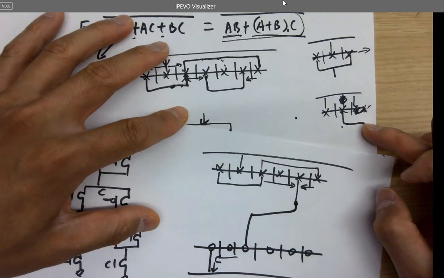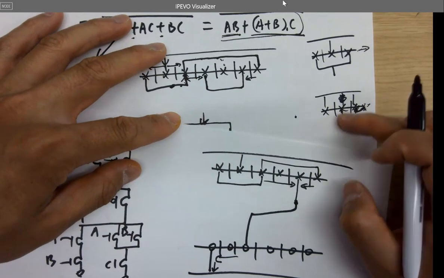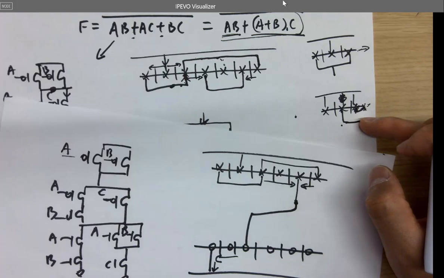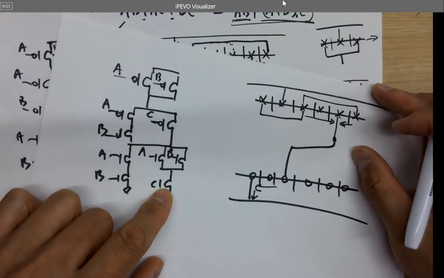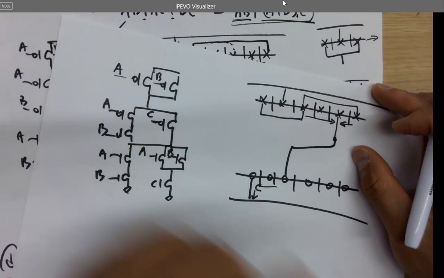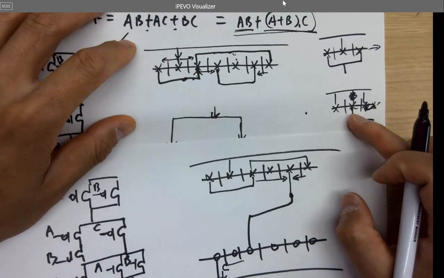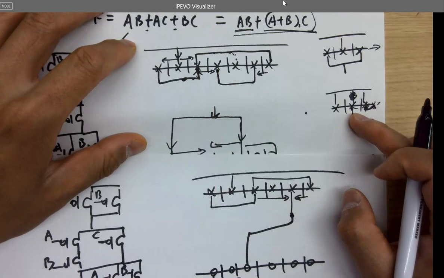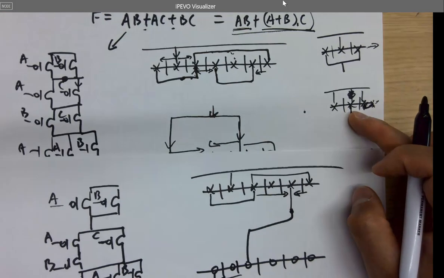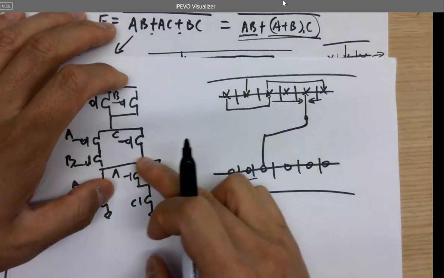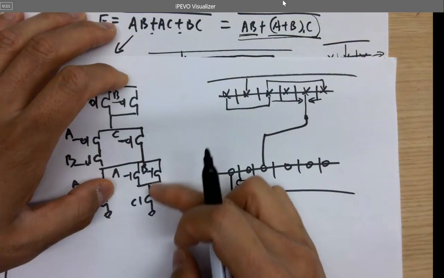If you have two parallel transistors followed by another transistor or two transistors in series with that parallel transistor, you don't want the output of the parallel transistor to be in the middle for the one-liner, right? Same thing here. So now we have to figure out how do we do this one, okay?